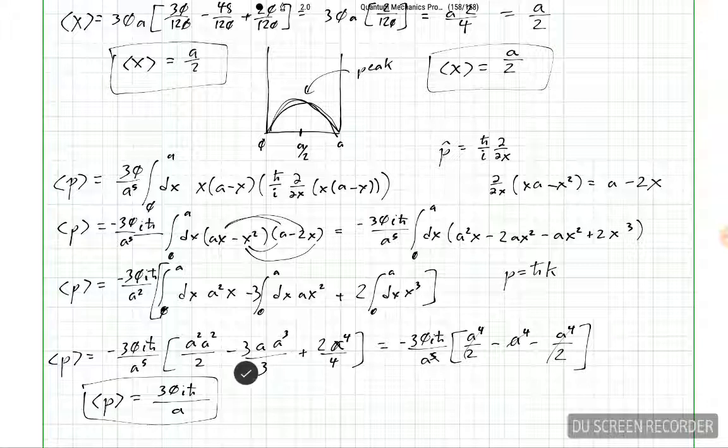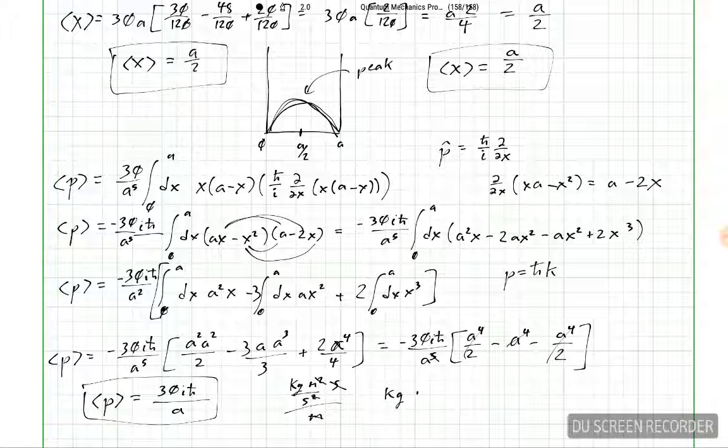And I have units of, so h bar has units of joules, kilograms, meters squared over seconds squared times seconds over meters. So one of my seconds cancels, one of my meters cancels.